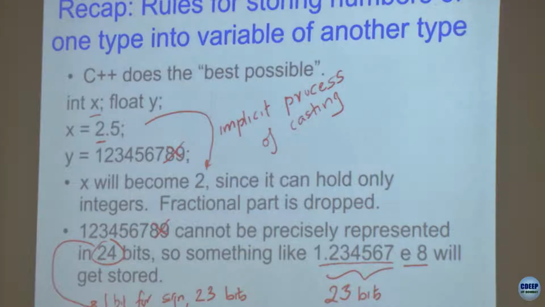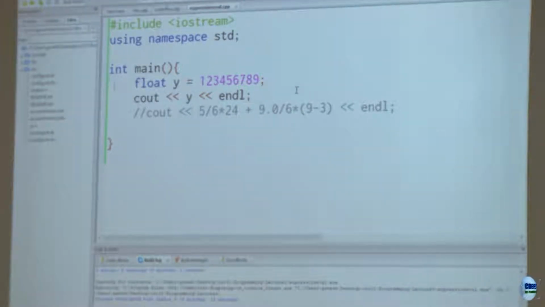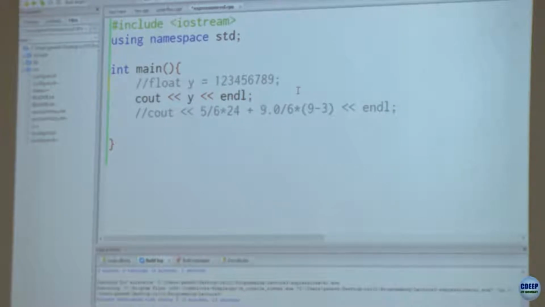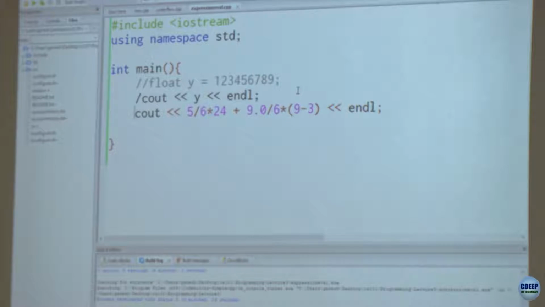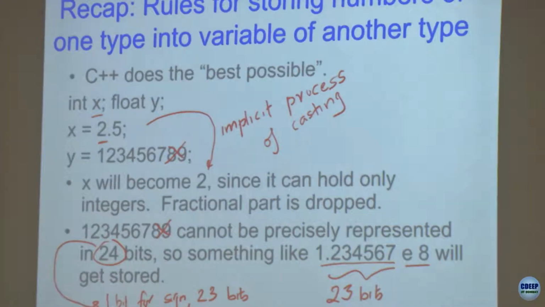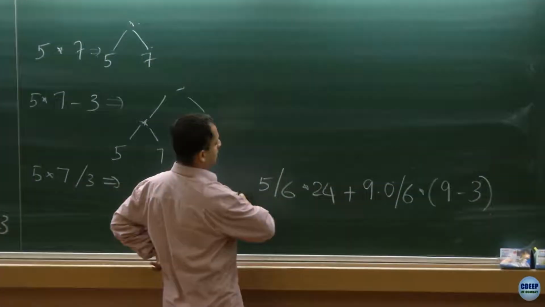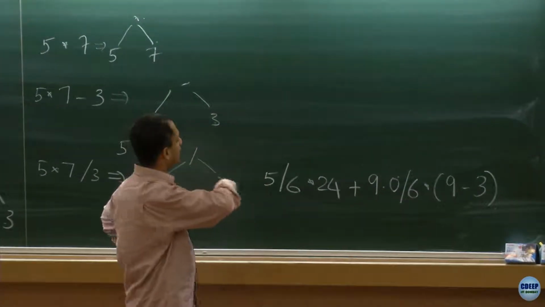Okay, what about the first part? The question I asked earlier, what will be the output of this operation? Sorry, let me use the board. Let's write down the expression tree.